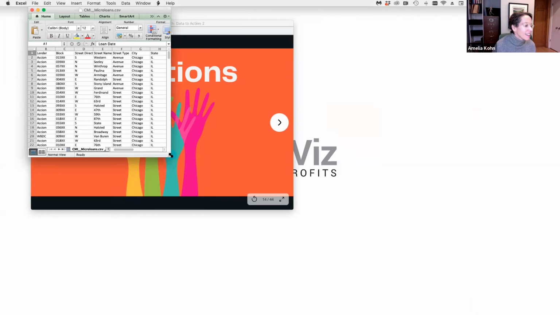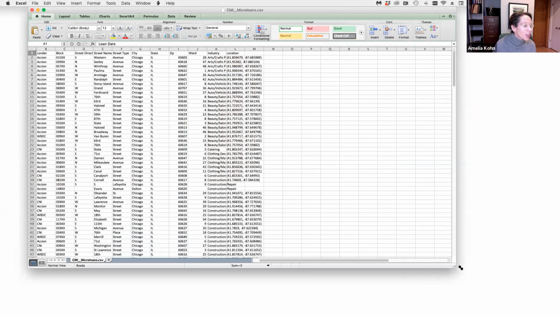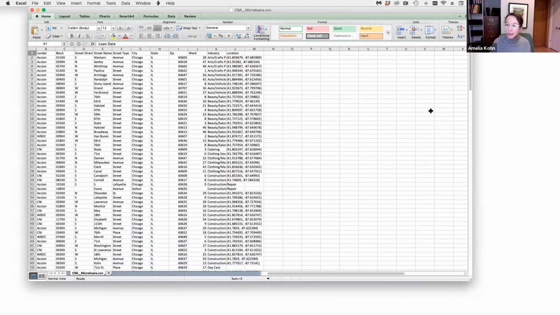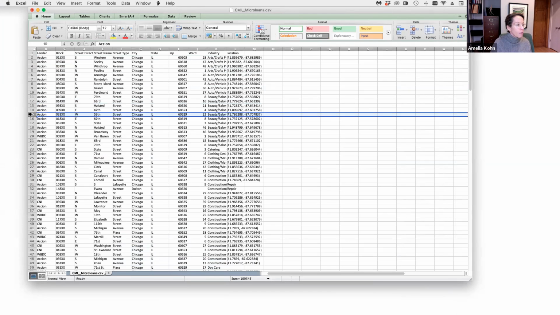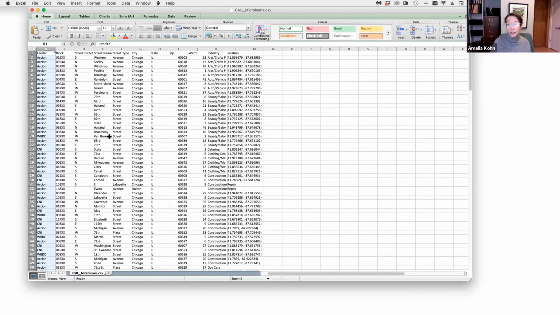Okay, so you can see it's just a simple spreadsheet. This is publicly available data that I downloaded from the internet, from the Chicago Micro Lending Institute. So each row in this data set represents a separate loan that CMI made. And as you can see in the column headers, if you can read them, for each loan, we get the name of the lender.